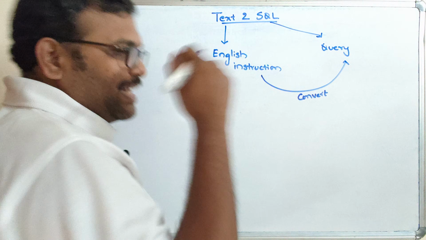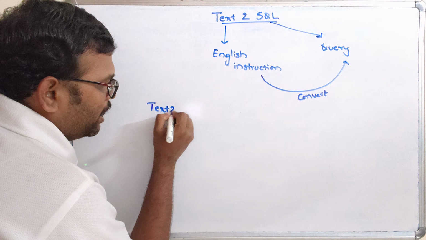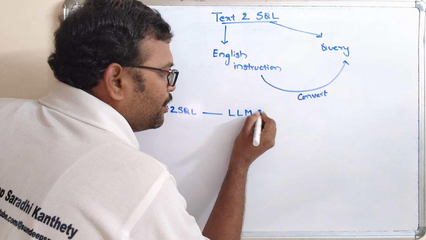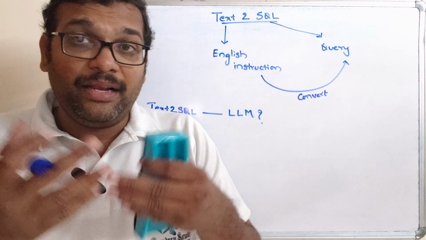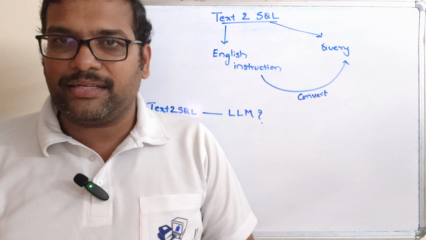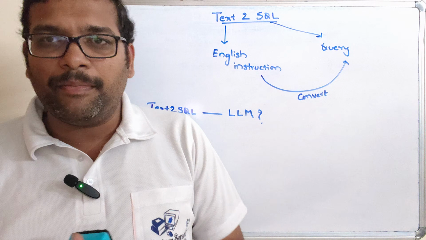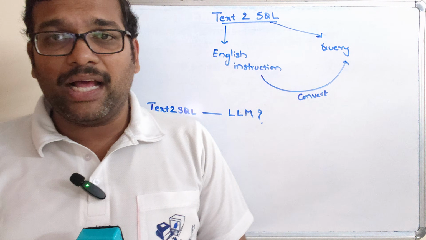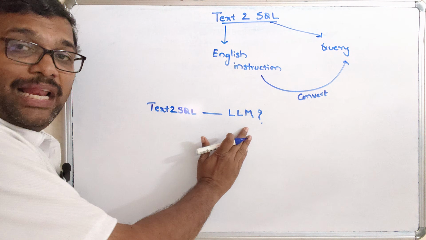So the next immediate question is whether this text to SQL is an LLM. We know what an LLM is, a large language model. It is a pre-trained AI model trained with a massive data set, so it can answer whatever question we give it. Is this text to SQL an LLM?